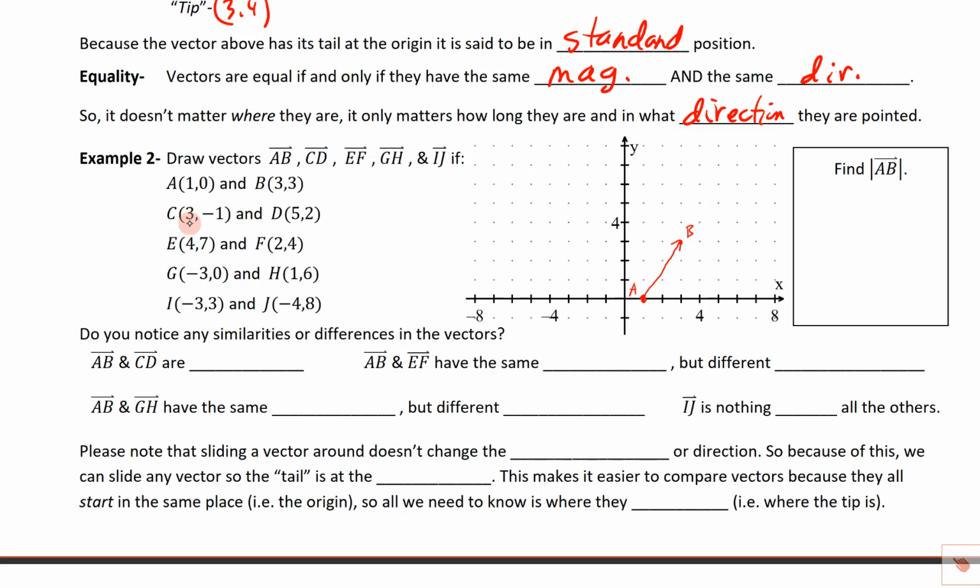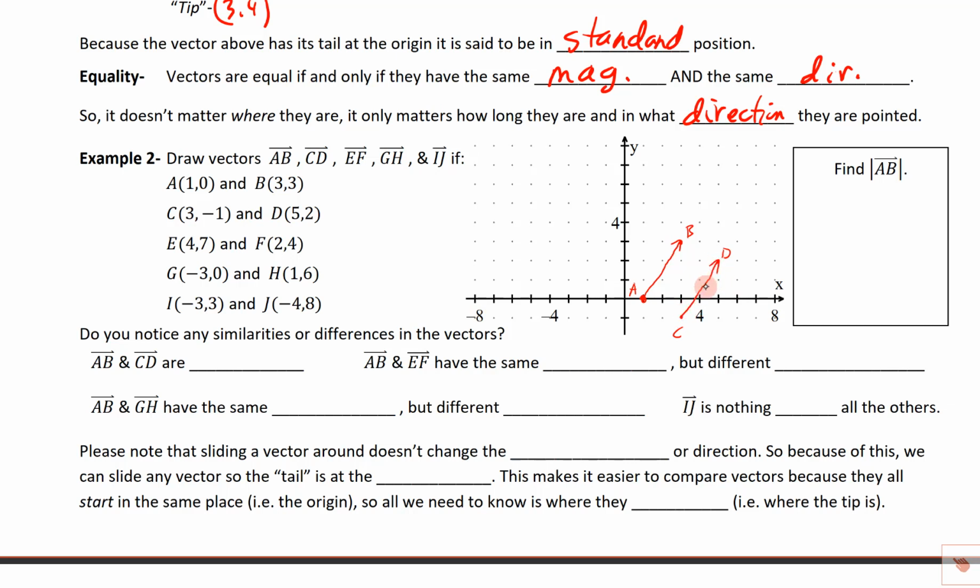Let's see, 3, negative 1, so we're going to go over 3 and down 1, so that's C. And D is 5, 2, over 5 up 2, so there's D. Again, we draw that line segment from the tail to the tip, so we're going to draw from C to D, and we put an arrow in that direction.